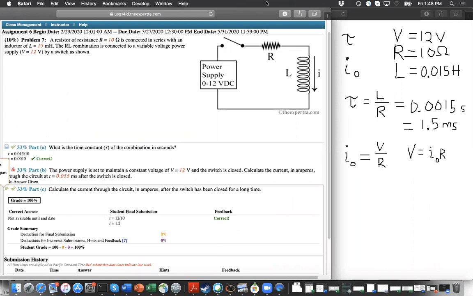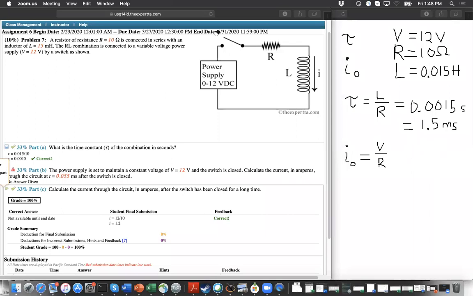So we can actually say, getting rid of some extraneous things, that the current at long times is just 1.2 amps. Cool, great, awesome. Now we're actually in a good position to approach part B.